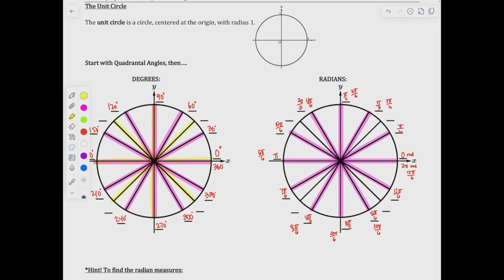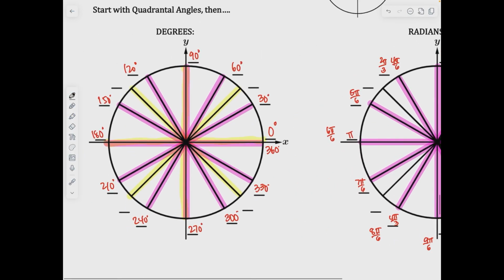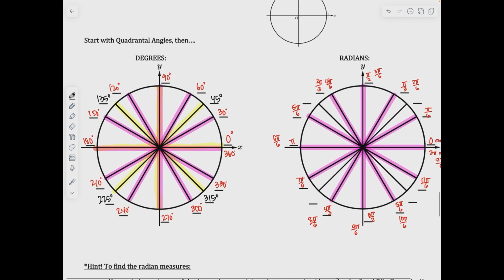Okay, so what that means now is because it's multiples of 45, this is 45 degrees, 90 degrees, 135, 180. I have 225, 270, 315, 360. So you just keep adding 45 degrees to that.